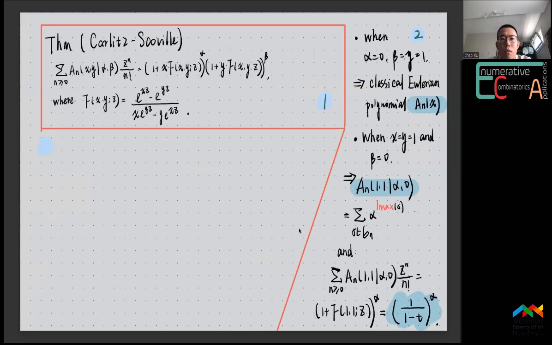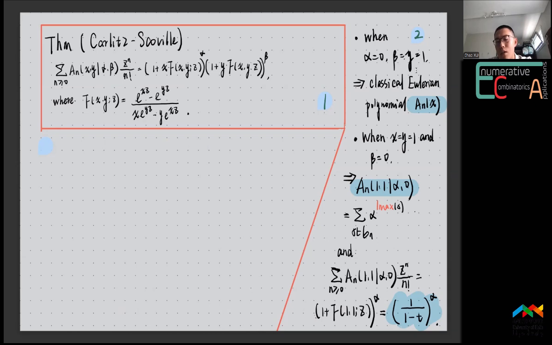There are some special cases: when alpha equals 0 and beta equals x equals y equals 1, it reduces to the classical Eulerian polynomial, and when x equals y equals 1 and beta equals 0, it reduces to the Stirling polynomial, where alpha counts the left-to-right maxima.